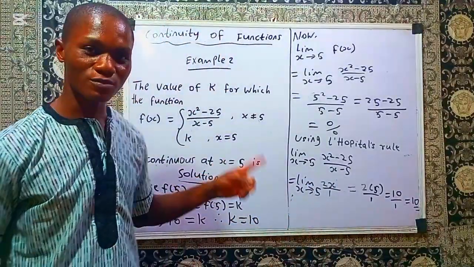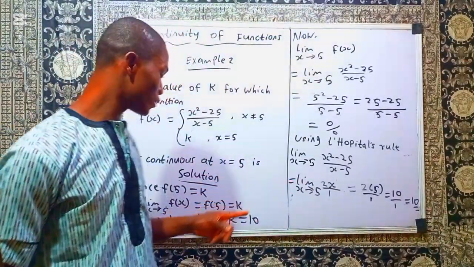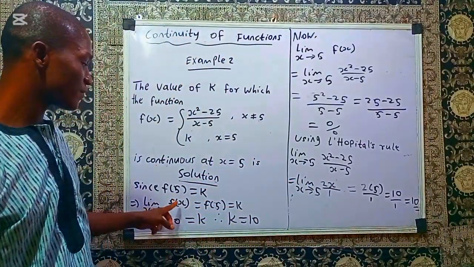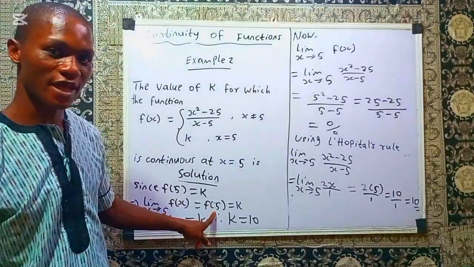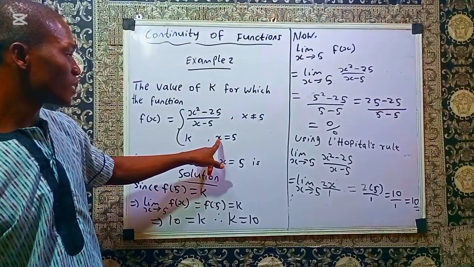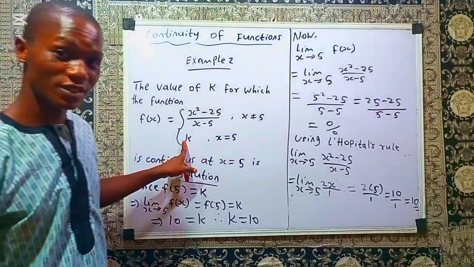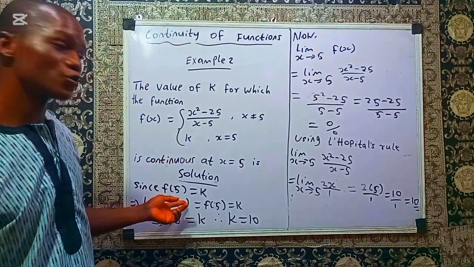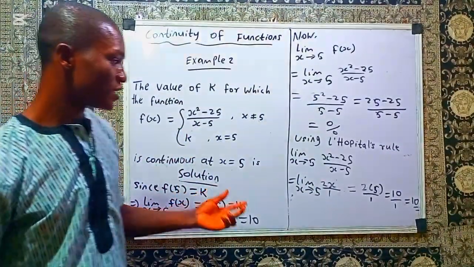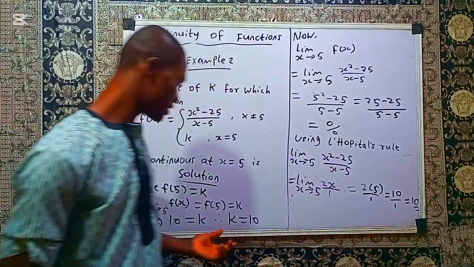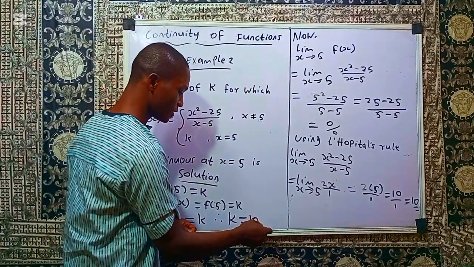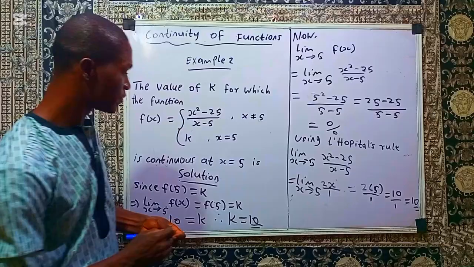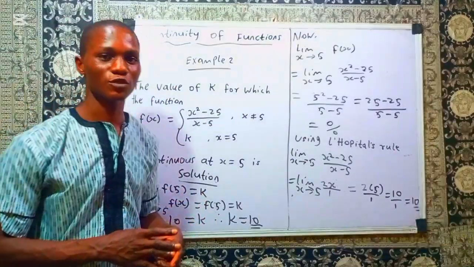But since the function is continuous, the limit as x goes to 5 is equal to the value of the function at 5. The value of the function when x is 5 is k. So k is equal to the limit as x goes to 5, which we found to be 10. So k is 10. This gives us the value of k that will make this function continuous.